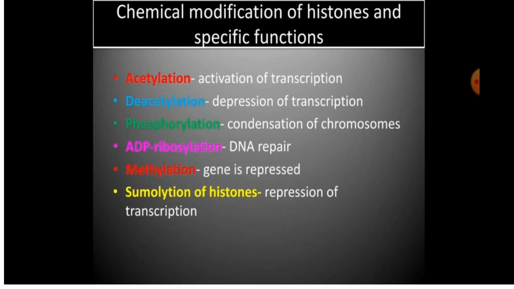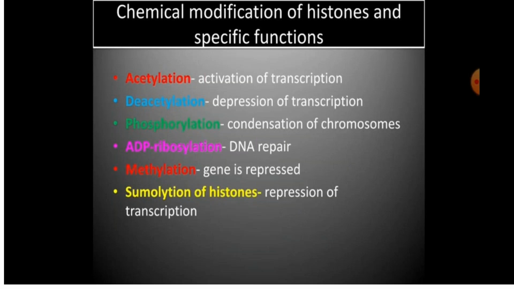Deacetylation, it will repress, do the opposite thing. It will become more tightly bound. It will cause repression of transcription. Phosphorylation will lead to condensation of the chromosomes, क्योंकि जितना phosphate होगा उतना और ज़्यादा वो condense हो जाएगा. ADP ribosylation is required at the time of DNA repair.